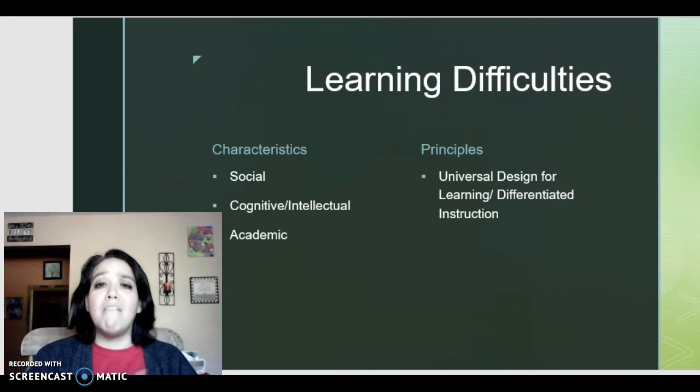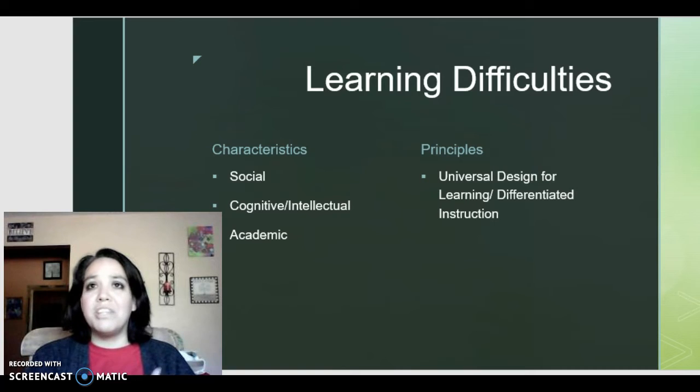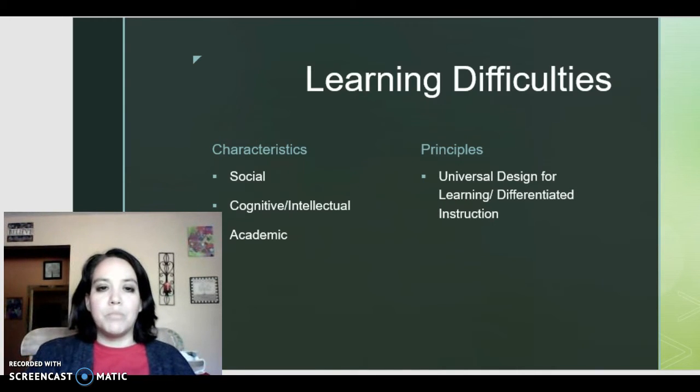Limiting the number of math problems they have to do or the number of spelling words that they have to review is a great example. Also allowing extra time to take a test and possibly letting them do an oral report as opposed to a written one would be highly beneficial.